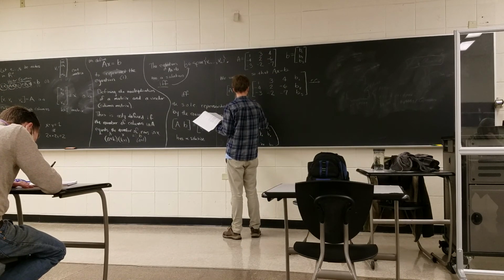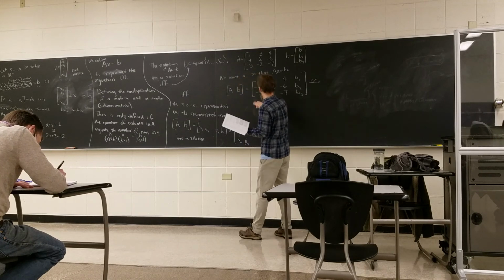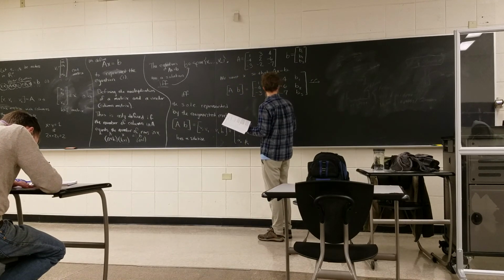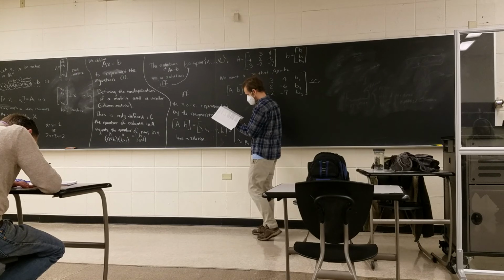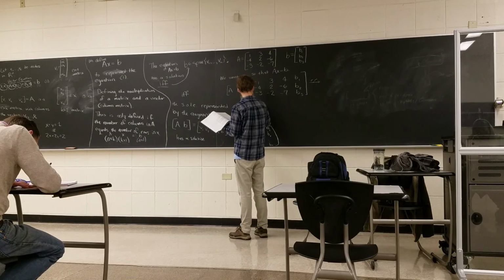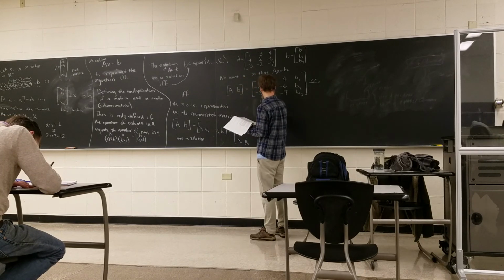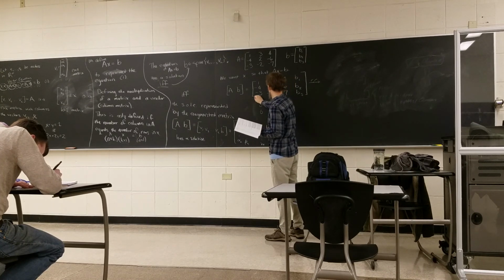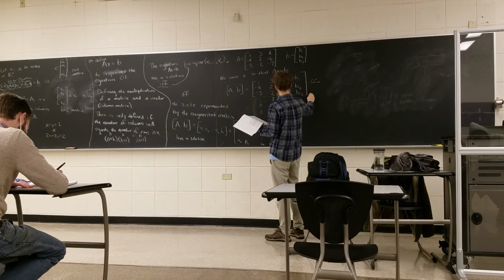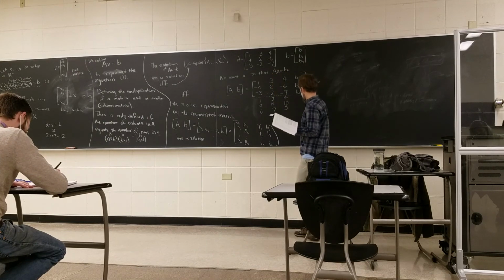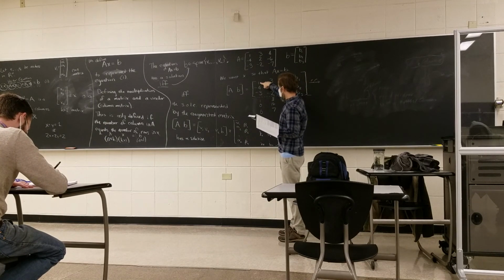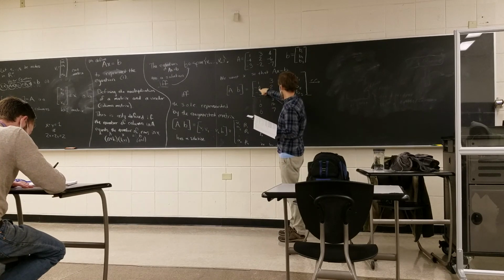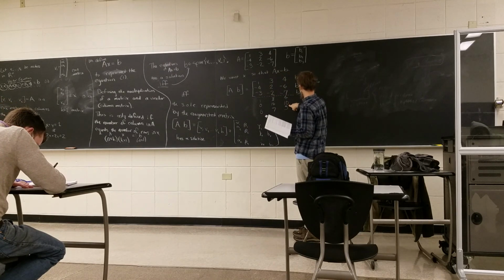I get the matrix 1, 0, 0, 3, 14, 7, 4, 10, 5. So we multiplied this by 4 and added it to this to get rid of this negative 4, and that gave us 14 and 10 here.